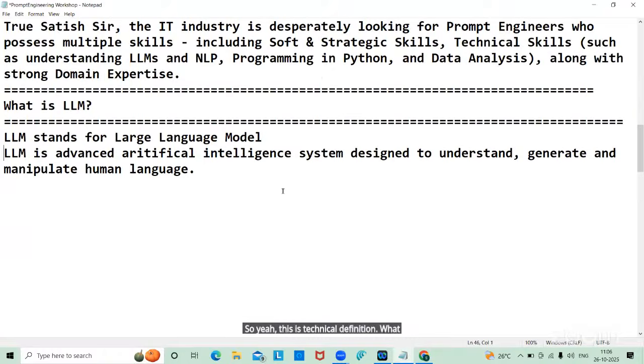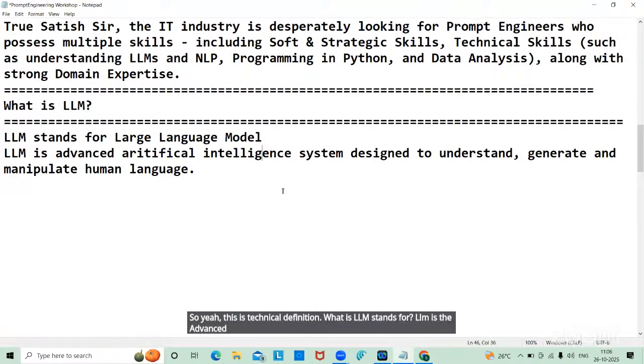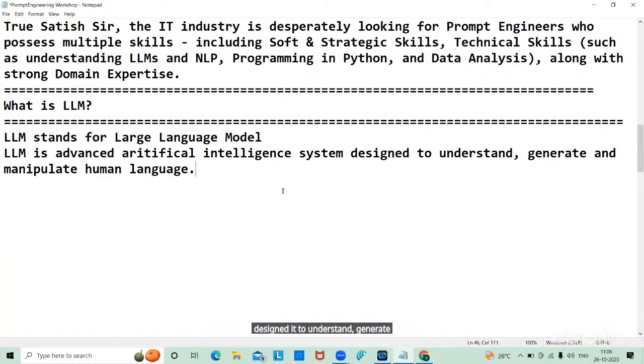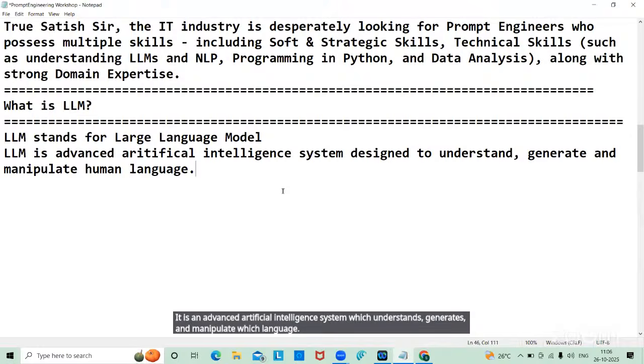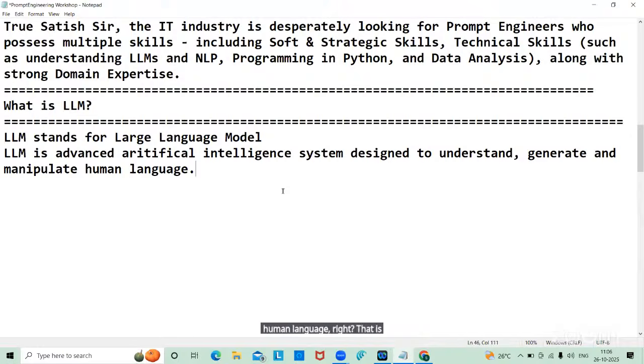LLM is the advanced artificial intelligence system designed to understand, generate, and manipulate what? Human language. That is what you mean by LLM. It is an advanced artificial intelligence system which understands, generates, and manipulates human language.